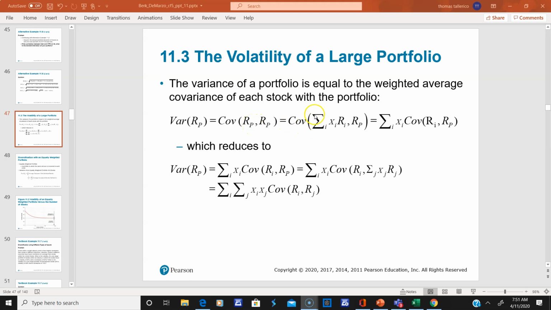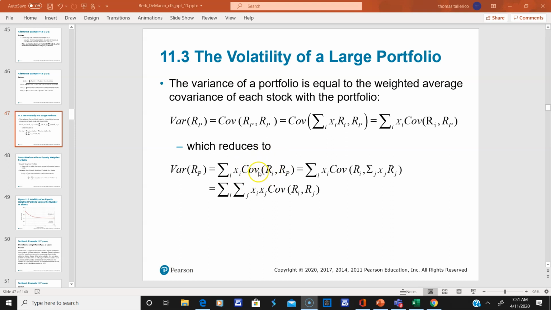Because if you look here, it's the sum of XI, RI, RP, okay? And again, there's an I there. So I don't have the book in front of me. I'll check that. And this reduces to this relationship here.